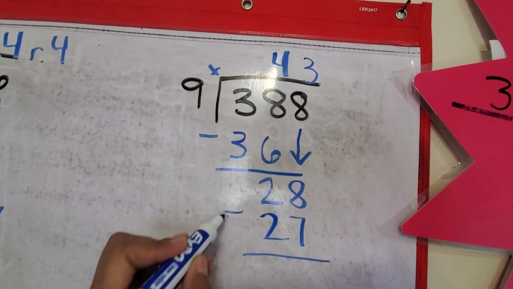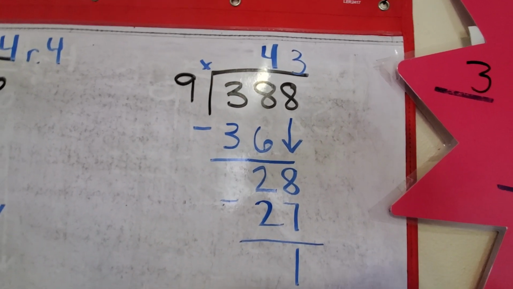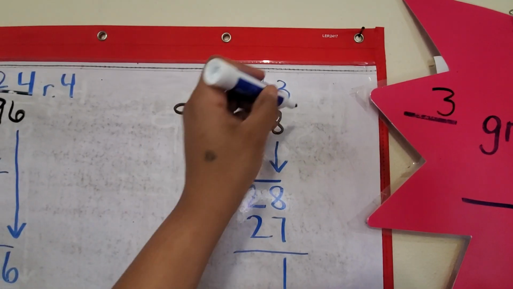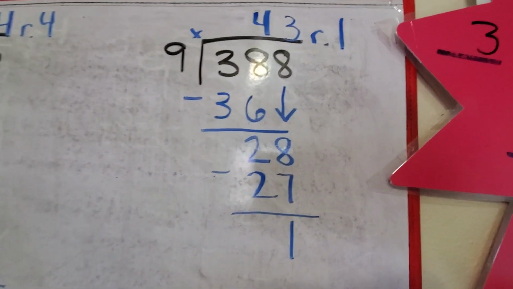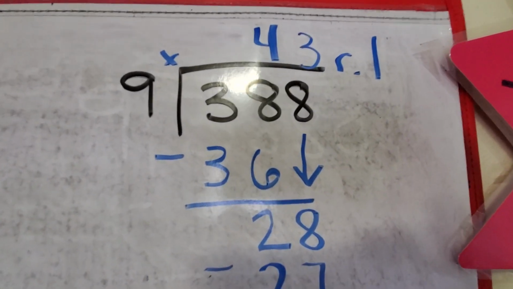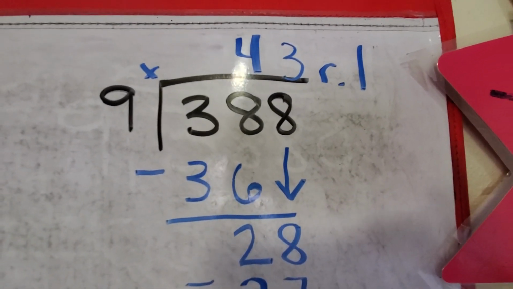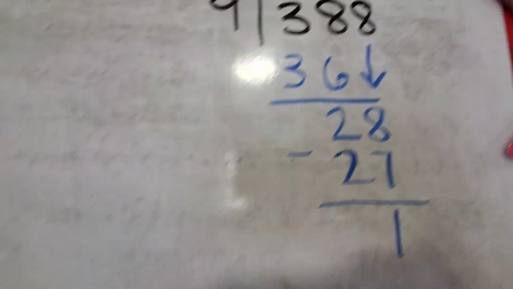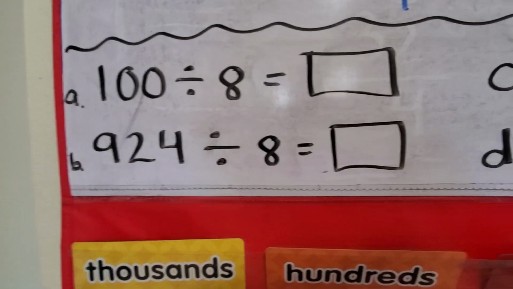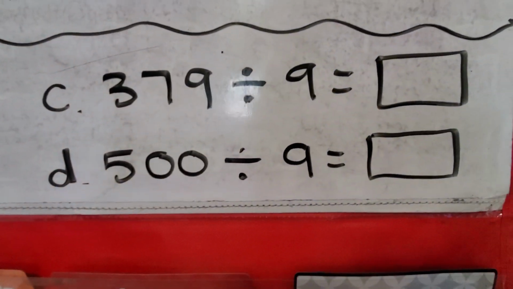And 28 minus 27 equals 1, which means I have a remainder of 1. So 388 divided by 9 equals 43 with a remainder of 1. Again, here are your equations to solve and submit on Seesaw.